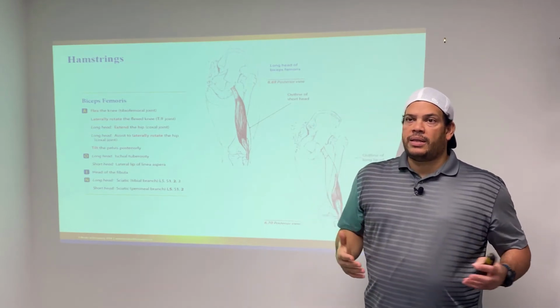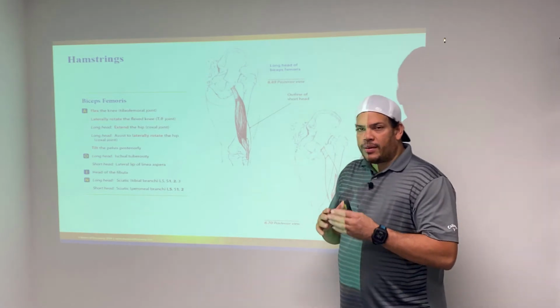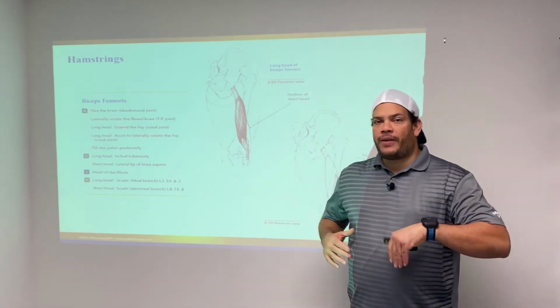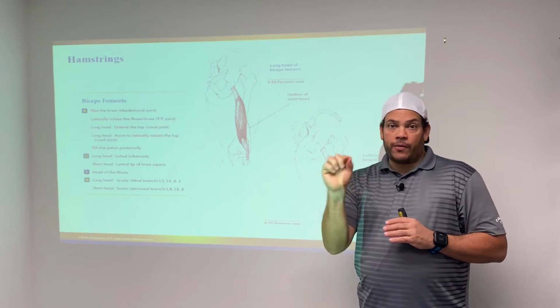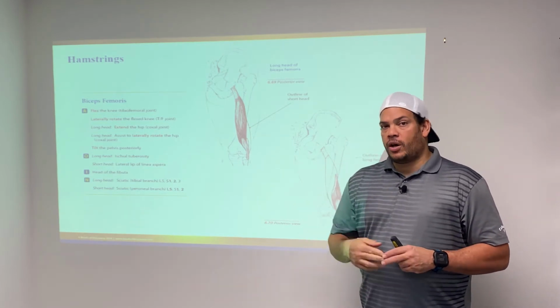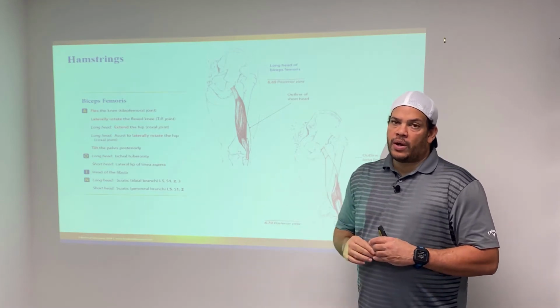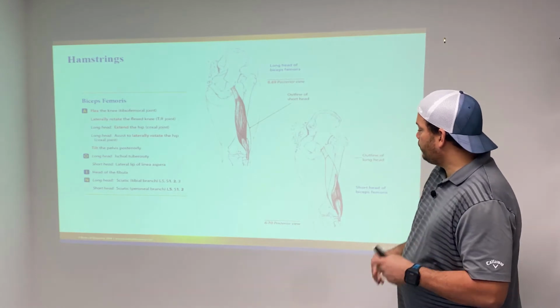So we can say that the hamstrings in general perform extension of the hip and flexion of the knee. The only particular fibers of muscle that do not perform extension of the hip will be the short head of the biceps femoris.